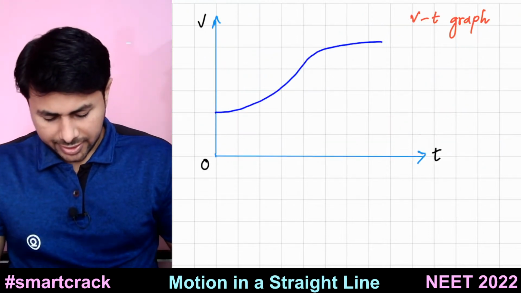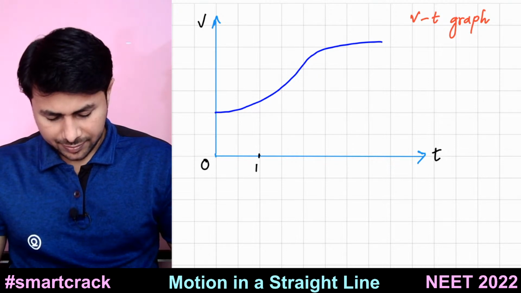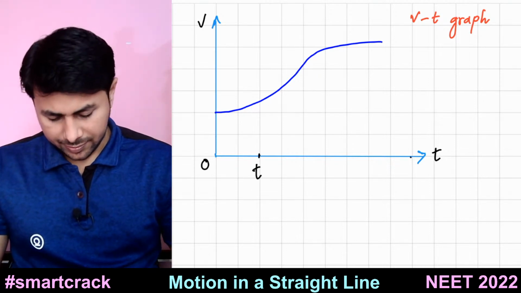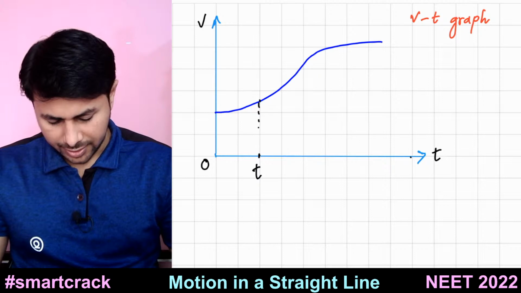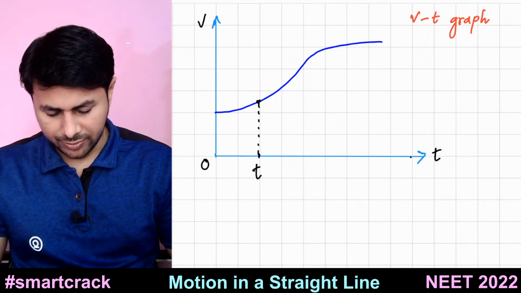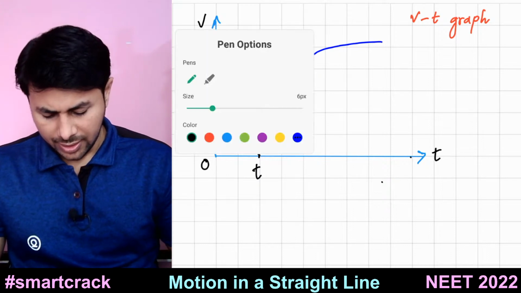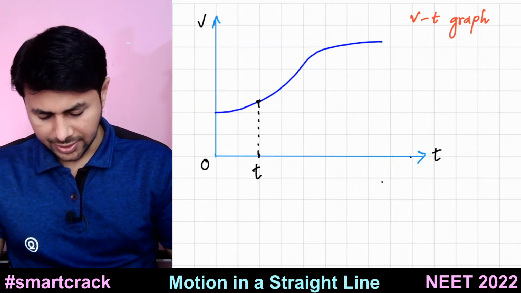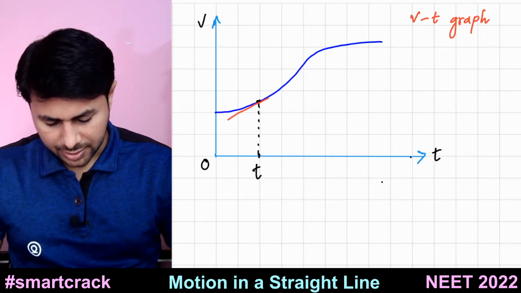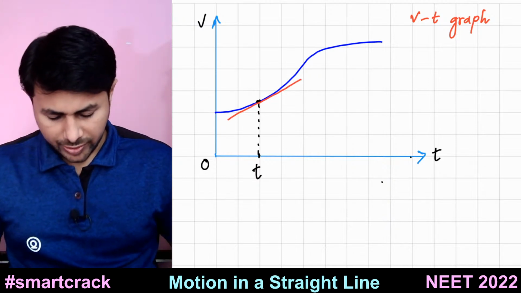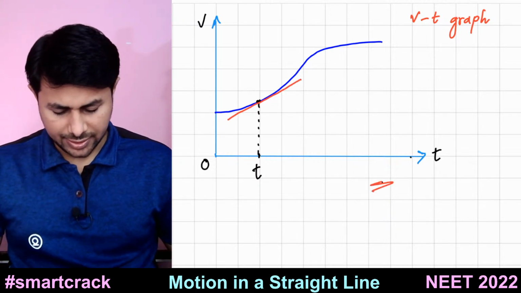So let's suppose I take some time t, and I draw a perpendicular on the velocity versus time graph from that time, so it meets at this point. And if I draw a tangent at this point, what will the slope of this tangent give?